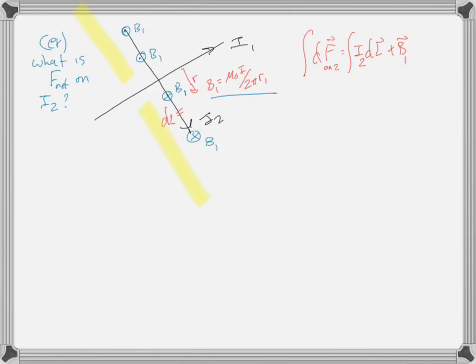Because look at dl cross B. Let's draw the force in orange. dl cross B for the one on the bottom right is in that direction, F1 on 2. It's kind of hard because I drew this all at an angle.